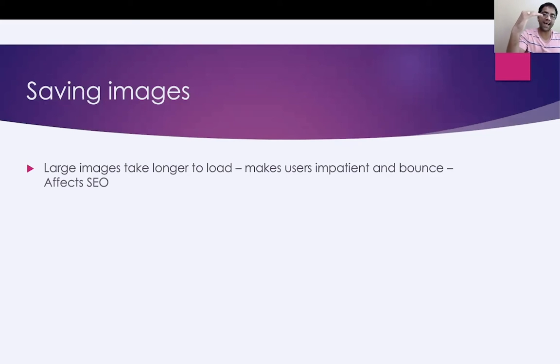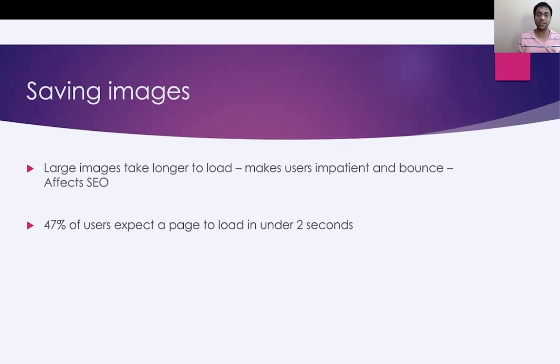If they load faster, if there are a lot of users that particular image will attract, there is a higher chance of these images or of these web pages to be listed in the first page of Google search, which is the reason why we need to make sure that our images are not just of high quality, but they have smaller file size.